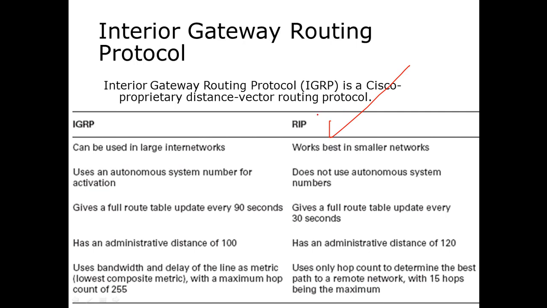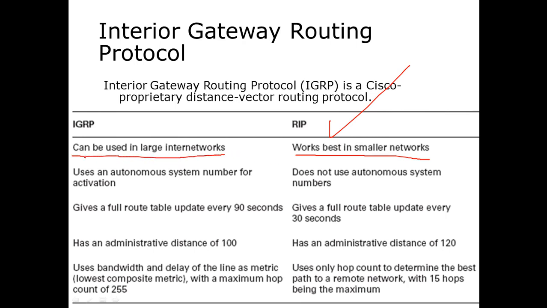So it will be best to learn IGRP in comparison to RIP. You know that RIP was considered best for smaller networks, while IGRP can be used in larger internetworks.